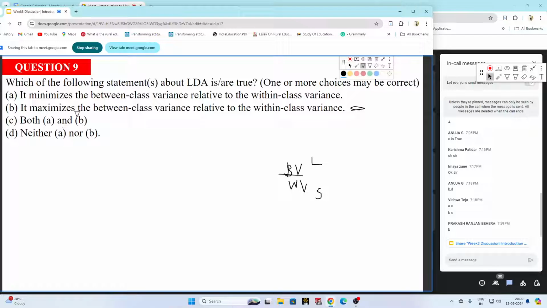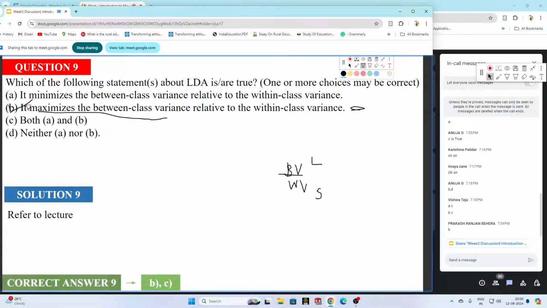Option A says it minimizes the between class variance relative to within class variance, so that is wrong, because between class variance we have to maximize. So option B is correct. It maximizes the between class variance relative to within class variance. C is wrong. Option B is the only correct one here.